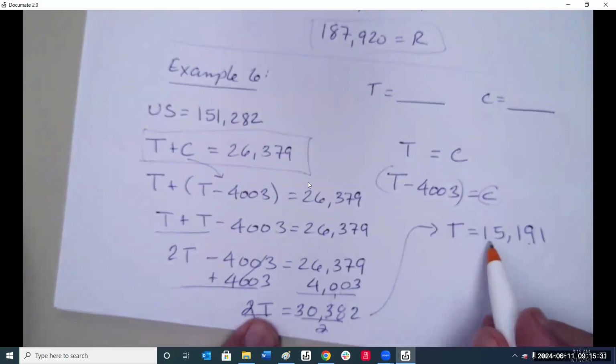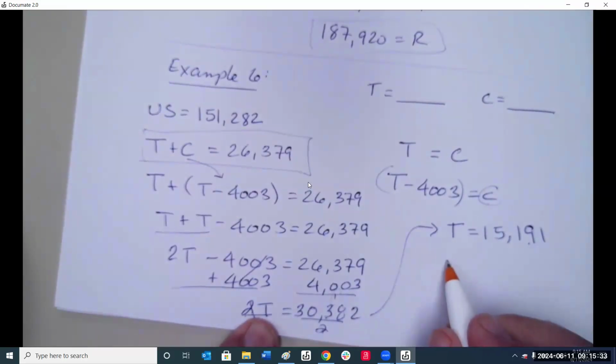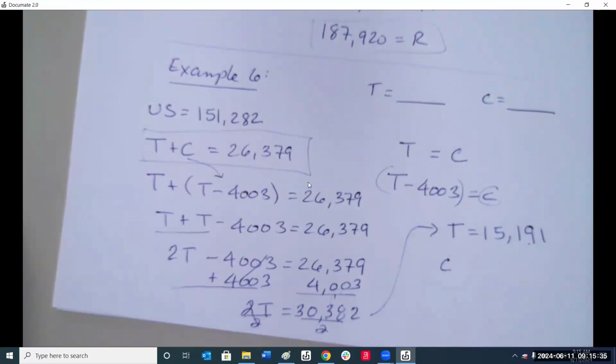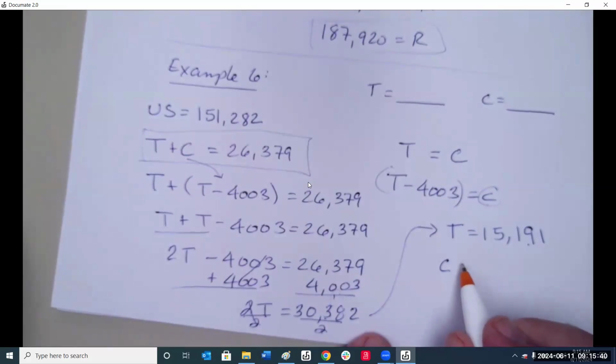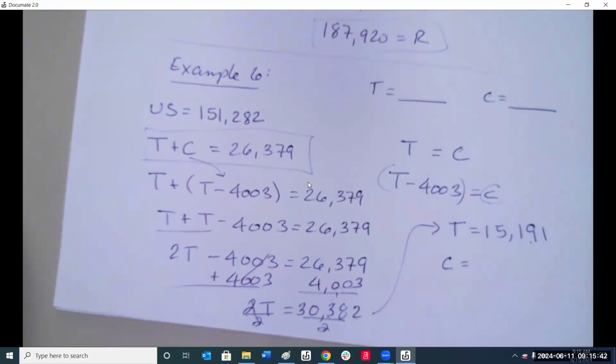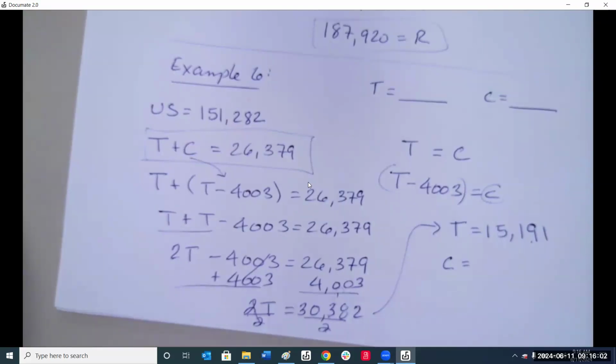So if Texas is 15,191, what's California? I need more than just subtract. What do I do? Subtract 15,000 minus 4,000. Right.